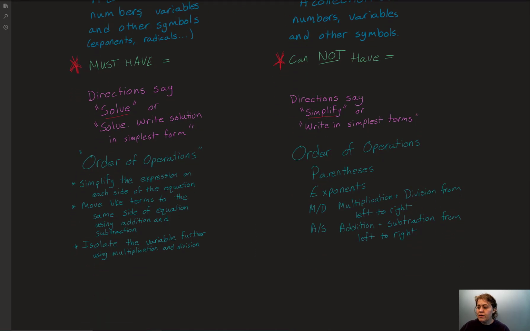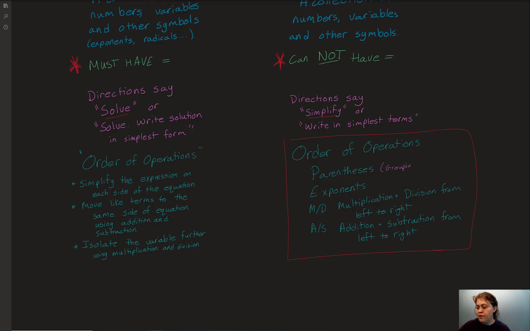When we're dealing with simplifying, we follow our standard order of operations, which you sometimes refer to as PEMDAS, or Please Excuse My Dear Aunt Sally, or something along those lines. I don't like those quite as much because it gets a little weird. Parentheses, you can also think of these as grouping symbols.